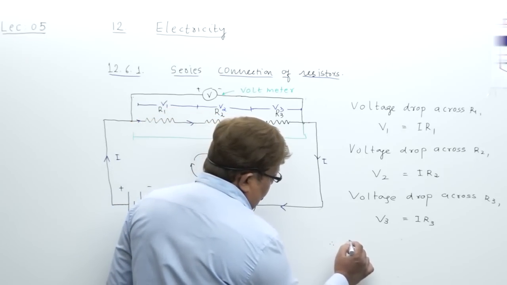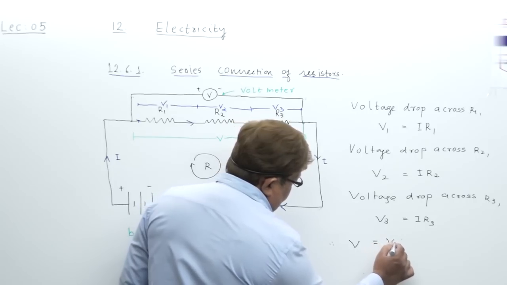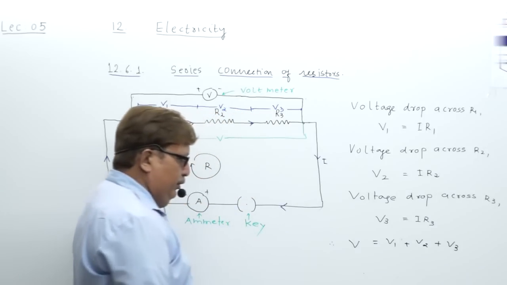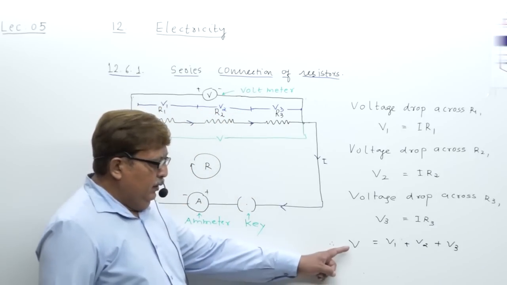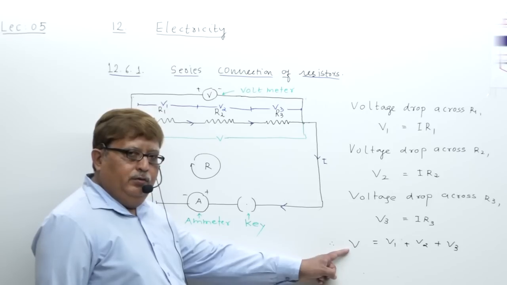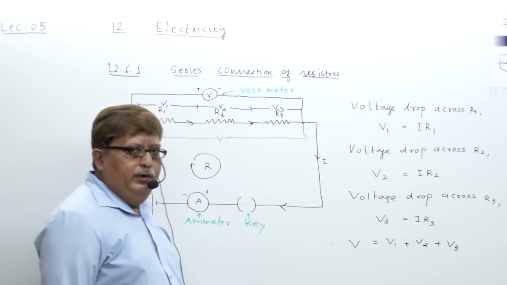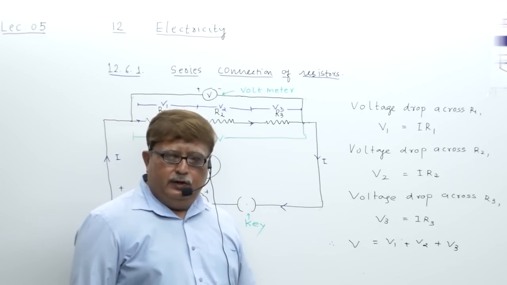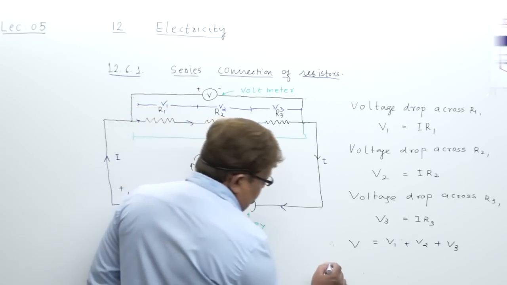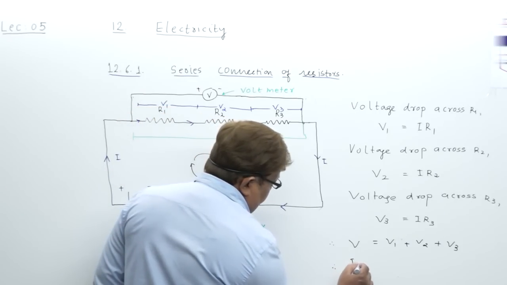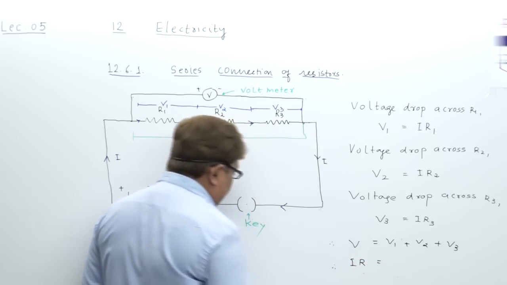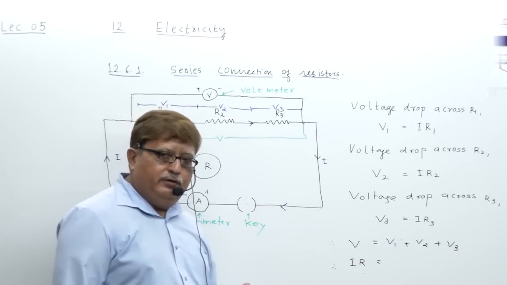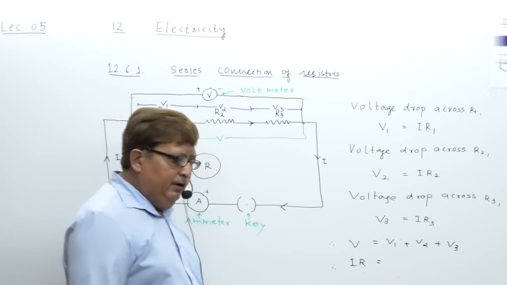Therefore, V equal to V1 plus V2 plus V3. Again, according to Ohm's law, in place of V, I can replace IR. What is I? That you all know. What is R? That is the equivalent resistance of all three resistors.